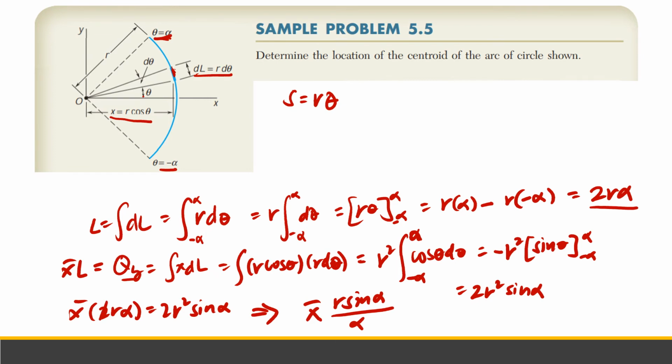So, cancel yung 2, cancel yung isang r. Matitira lang is r sine alpha over alpha. So, this is for the x bar, and length is 2r alpha, and y bar is, of course, 0. Okay, so that is how you solve naman pag line na yung problem. So, substitute mo lang yung value ng equation. So, same process.